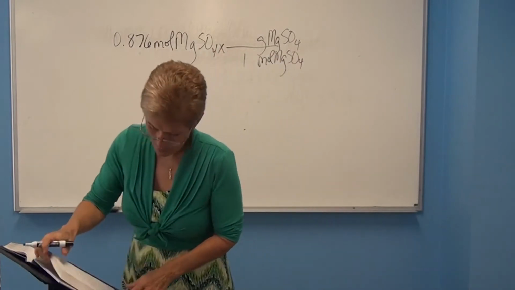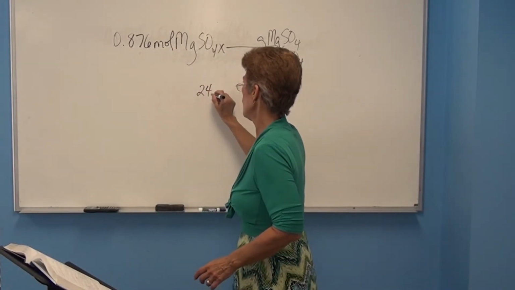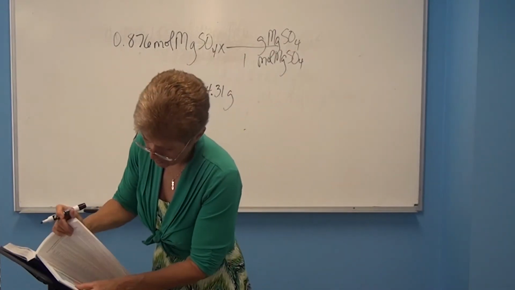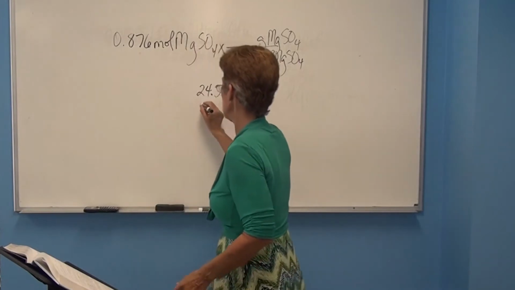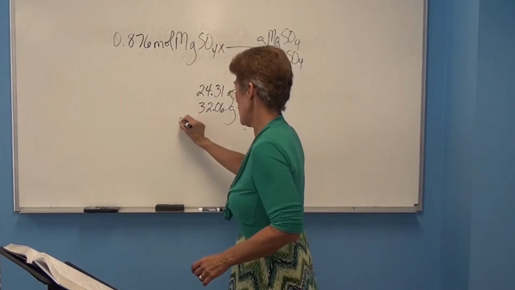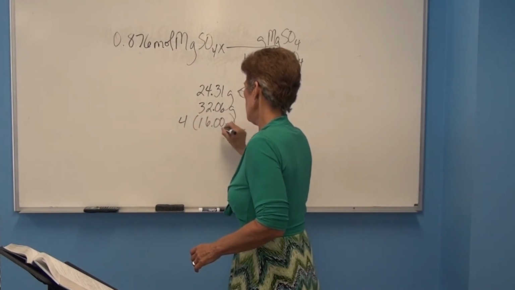So you're going to go look. Magnesium is group 2. It is 24.31 grams. And then sulfur, we just said, was 32.06. And then oxygen is 4 times 16.00 grams.